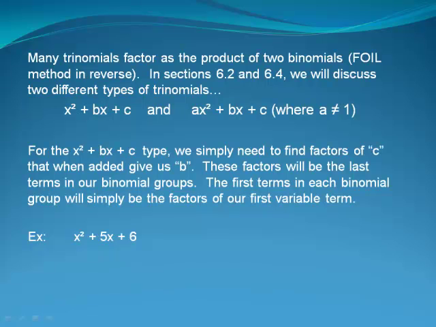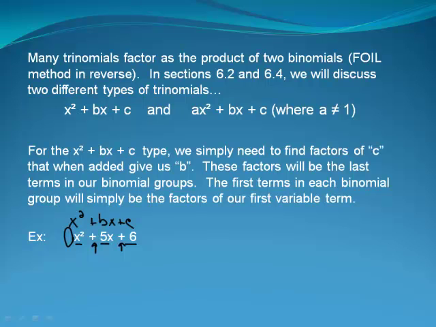So for example, notice that this is a trinomial because it has three terms. Remember, terms are separated by addition or subtraction. This is a basic x squared plus bx plus c trinomial, and the quick way to recognize it is that there is no coefficient written in front of the x squared term except for an understood 1.